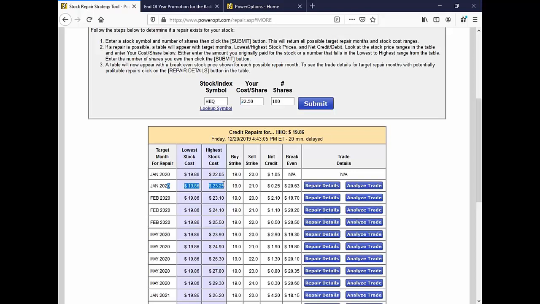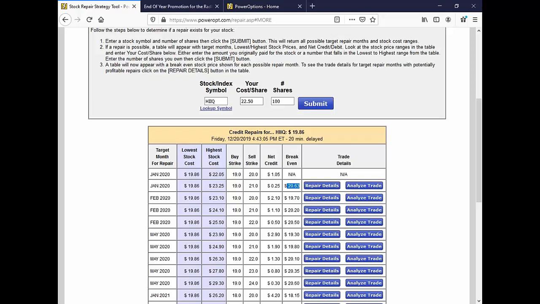What the repairs do for me is give me a combination of buying a 19 strike, there's my buy strike column, and selling twice as many at the higher strike, in this case, for January, the 21. Now I'm going to get a net credit of 25 cents, but my new break-even is only $20.63.